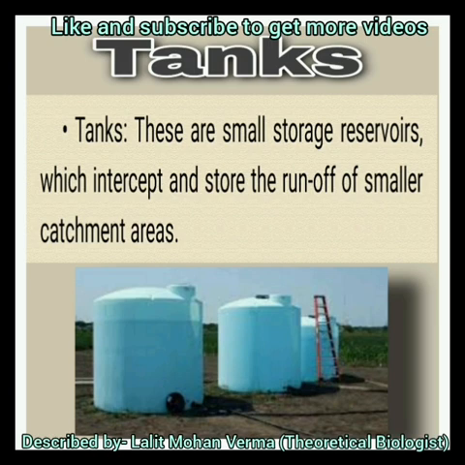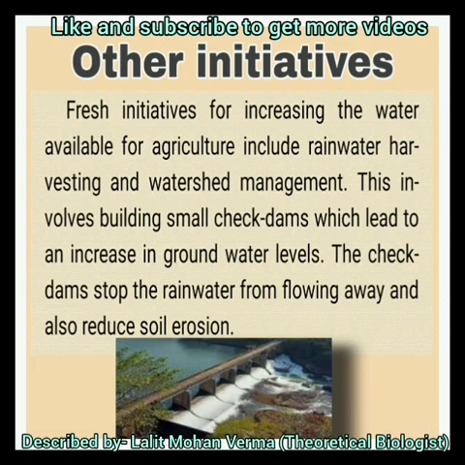In this system of irrigation, small dams are constructed below the higher elevation of the catchment area. From these dams or tanks, the outflow of water is regulated according to the availability of water, which helps in uniform distribution of water.